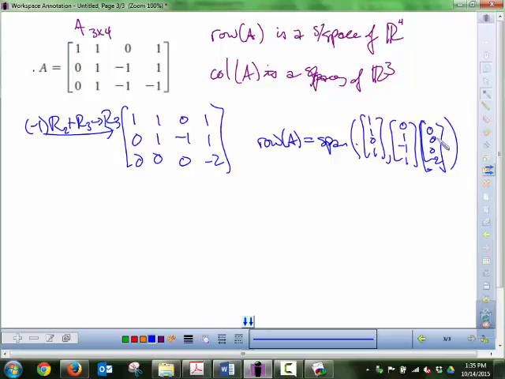Okay, now the column space. So here's where you can identify the column space. You want to look at the leading terms for each row, right?